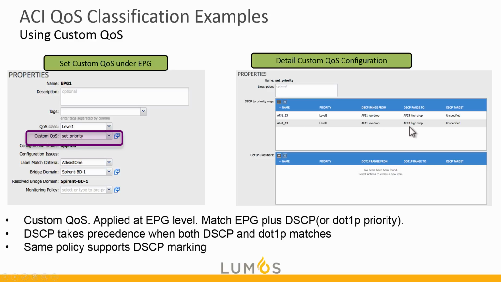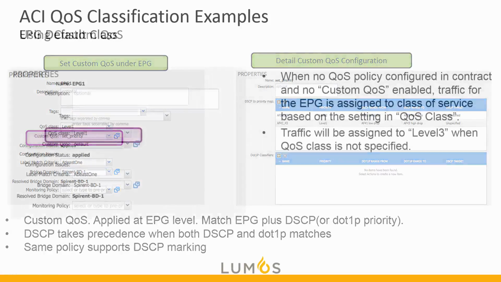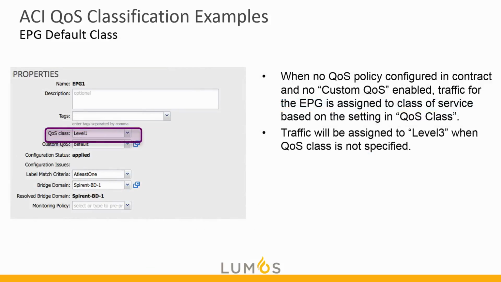If we had, for instance, weighted RED turned on, those 4.1, 4.2, and 4.3 would be marked to level 1. We can also classify based on .1p, but if we have DSCP visible in the ingress header, DSCP takes precedence over .1p. And also just keep note that unless we set a QoS level at an EPG specifically, it will by default be assigned to the default level 3.